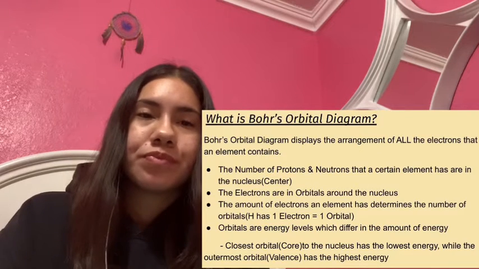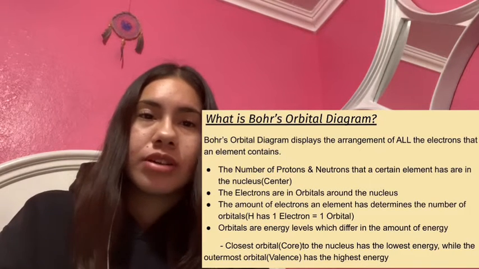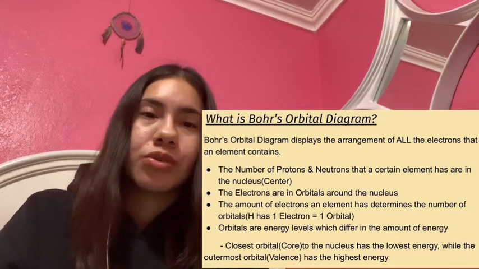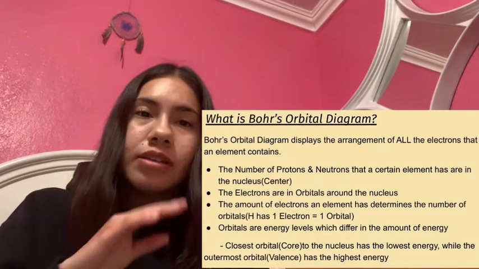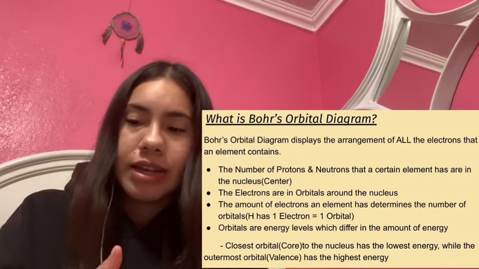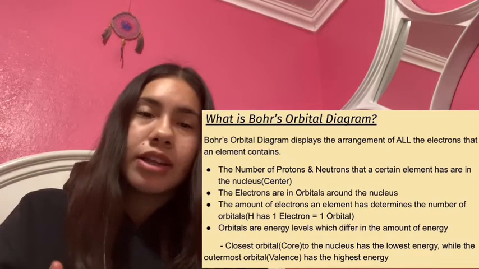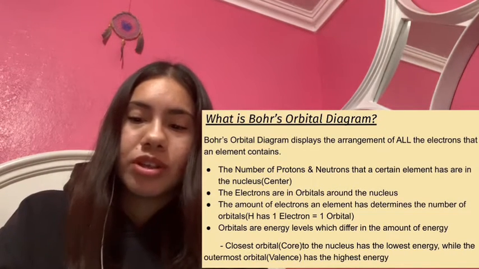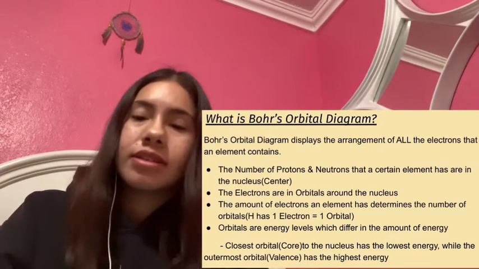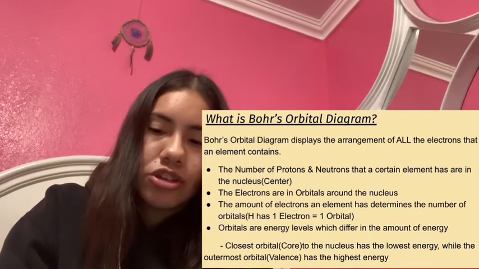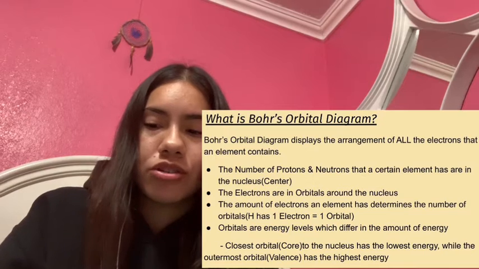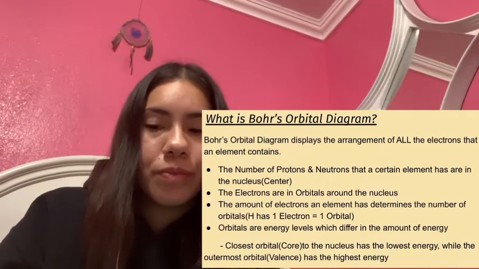Around the nucleus are going to be orbitals, and that's where you're going to be displaying the electrons that an element has. And the amount of electrons that an element contains determines the number of orbitals. And so in parentheses I put H, which is hydrogen, has 1 electron, which equals 1 orbital.